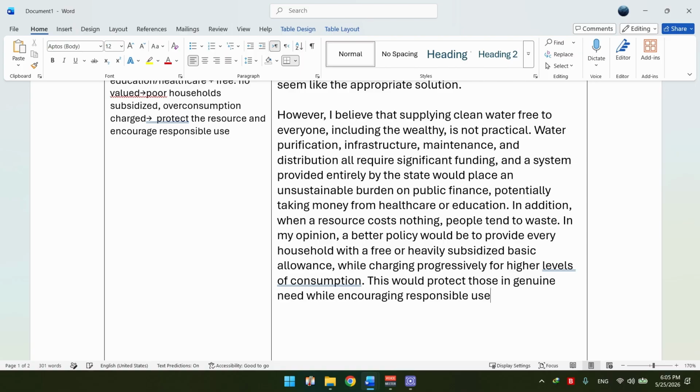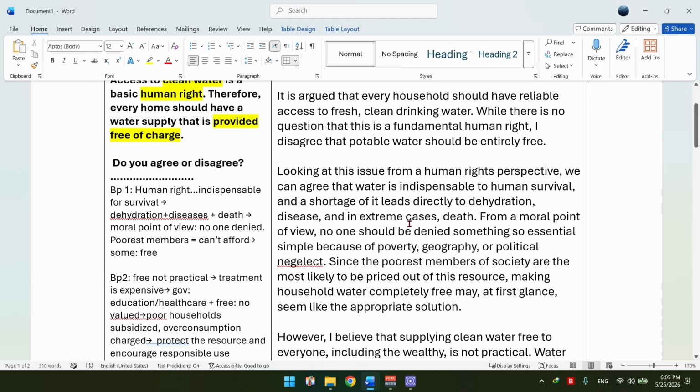And it allows the state to fund other essential services, including education, healthcare, and everything. So that's basically it.